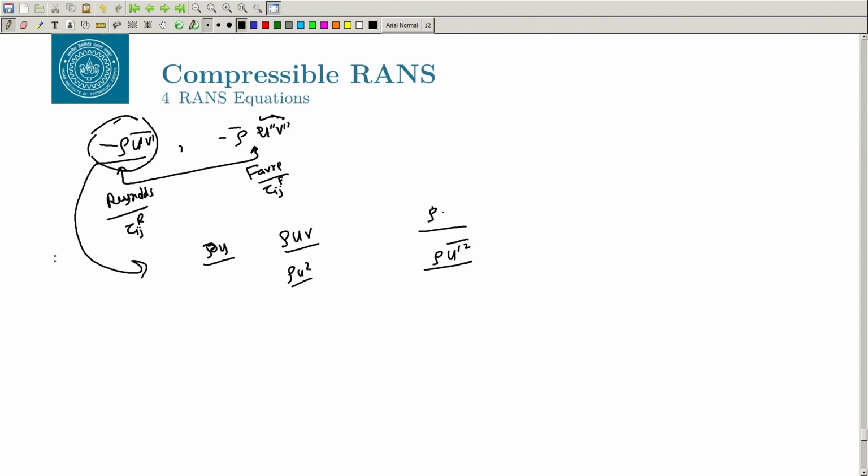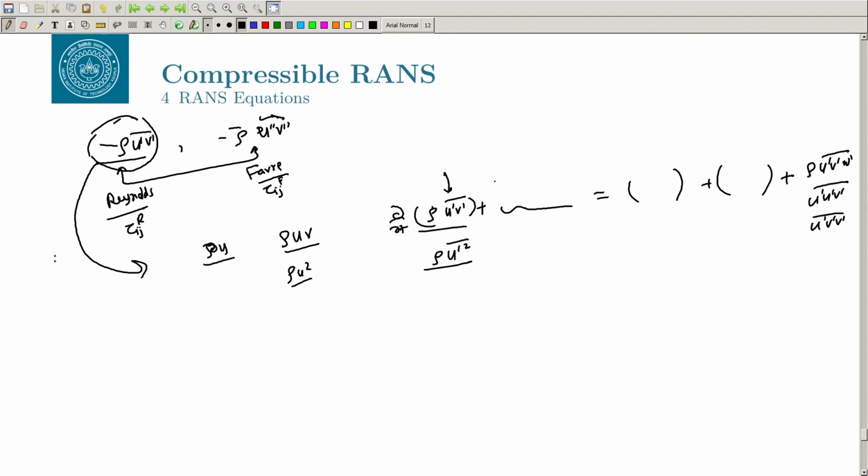The top one will give you rho u bar v bar. So you will get an equation with del by del t of this plus the transport of this, and there will be terms related to pressure and to your viscous stress, but then we will get a term with components like rho u prime v prime w prime bar. So you started with the double correlation and you end up with an unknown term, which is the triple correlation.